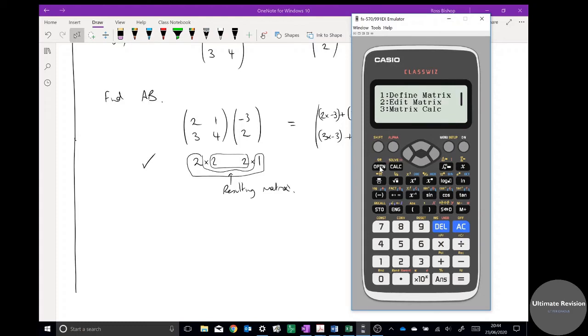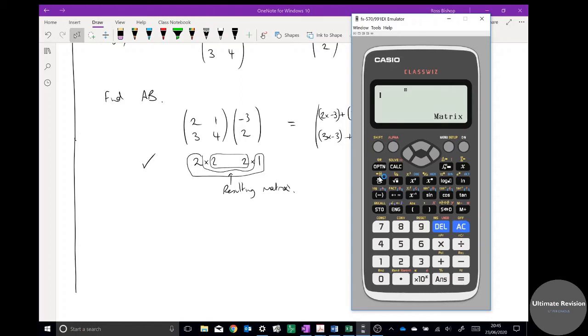So option, and I can go to edit matrix now and pick another matrix. So number 2, number of rows 2, number of columns 1. This is going to be -3 and 2. Okay, and I can clear this.